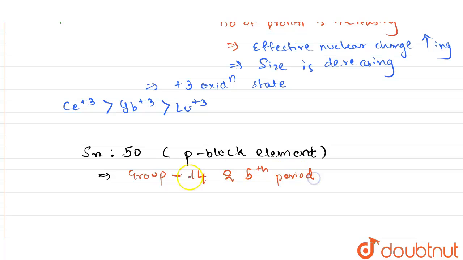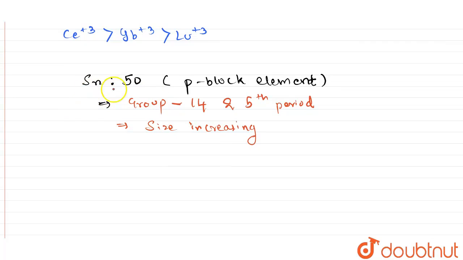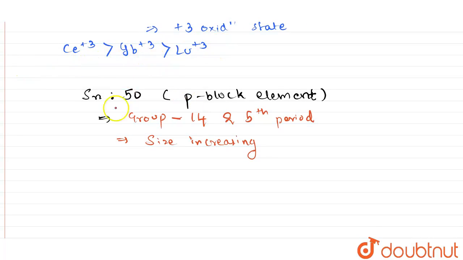So what will happen over here? As we are going down the group 14, the size is increasing. Size is increasing definitely, and here we do not see any lanthanide contraction, whereas in the other case we did see lanthanide contraction, and due to this the size was quite less.